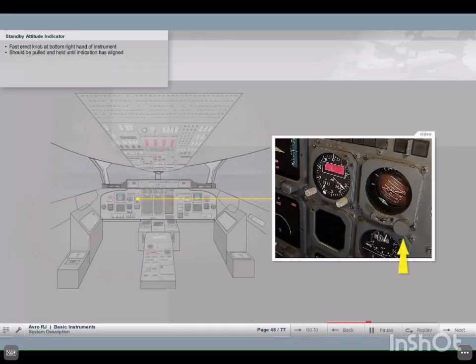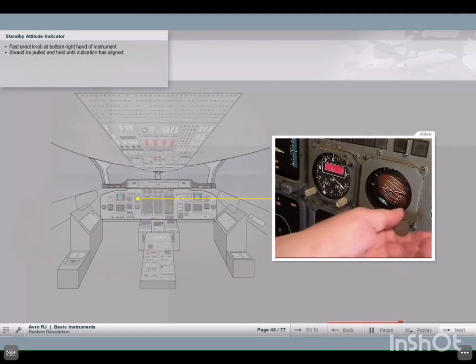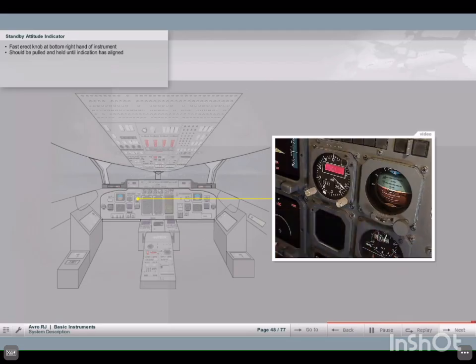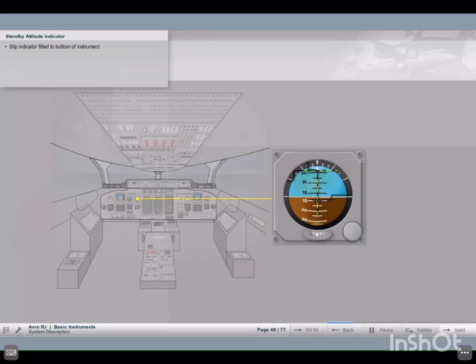This should be pulled and held until the indication has aligned. A slip indicator is fitted to the bottom of the instrument.